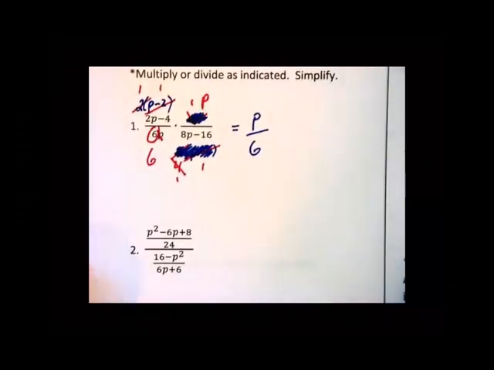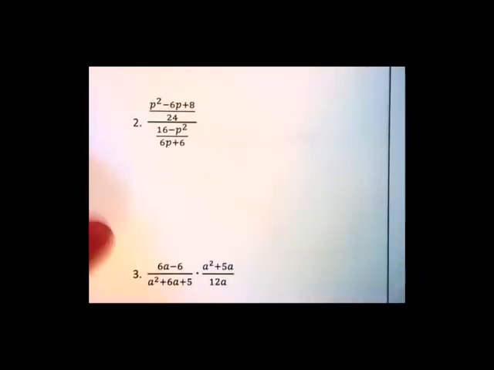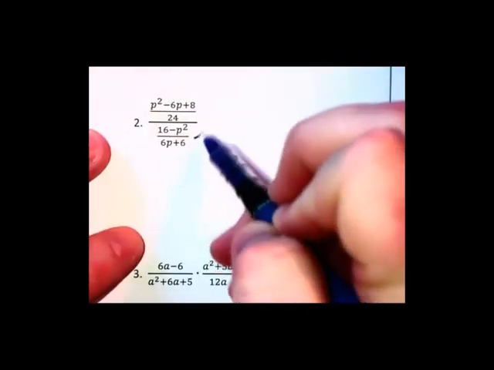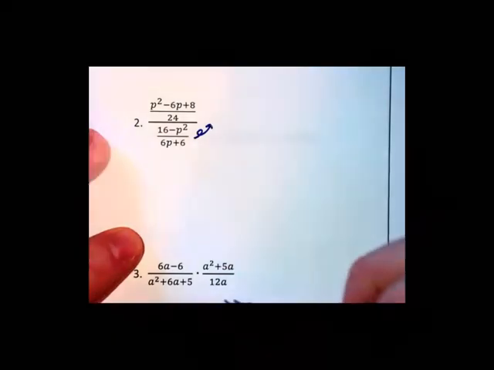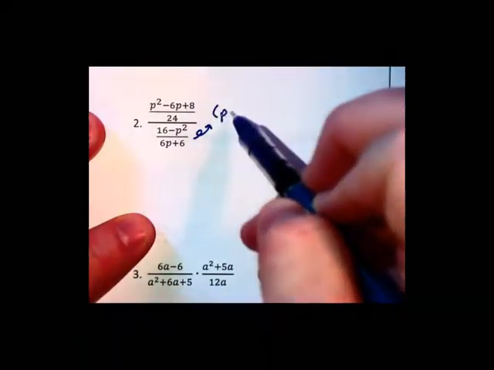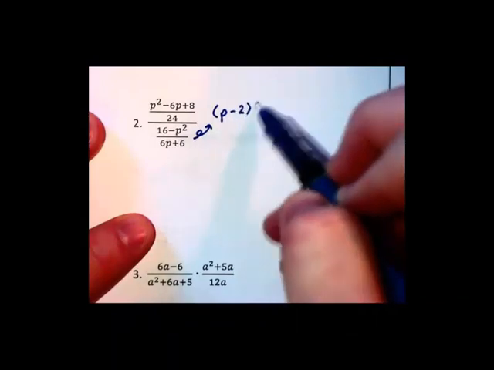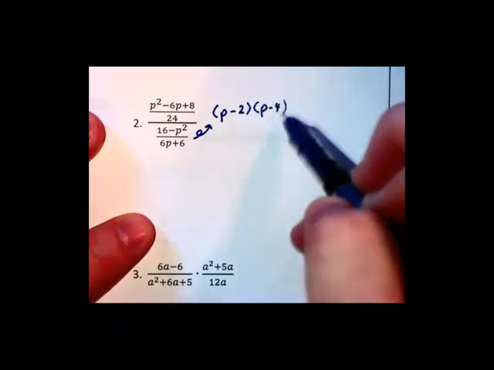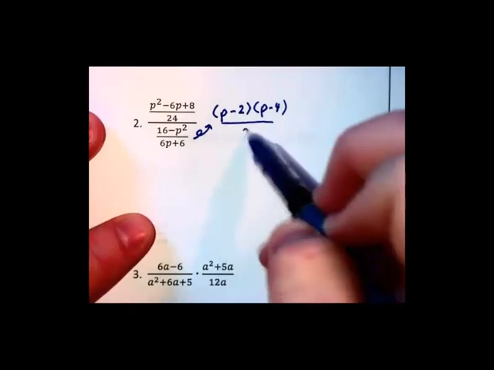Okay, in this next problem, the division is written as one fraction divided by another. And you know, whenever you divide fractions, you multiply by the reciprocal. So that numerator factors into p minus 2 times p minus 4, and that's over 24.